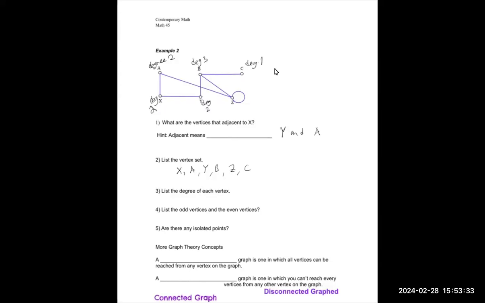And then Z, this is interesting. It actually has a loop here. This is called a loop, where it comes out and it comes back in. Because of the loop, we already get degree 2. And then because I could run this way, or that way, or this way, or this way, Z has degree 4.